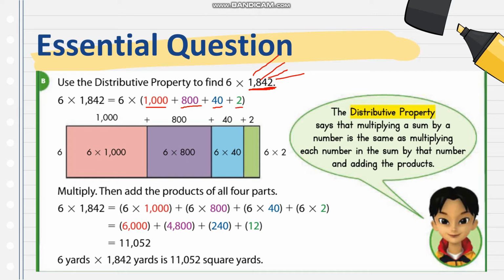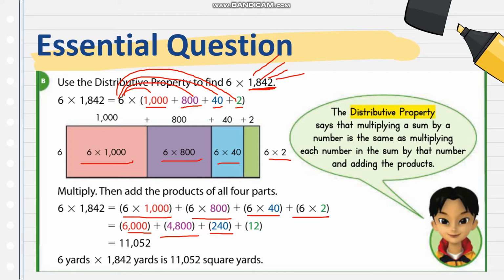Then you multiply 6 by 1000, 6 by 800, 6 by 40, and 6 by 2. So 6 multiplied by 1000 is 6000, 6 multiplied by 800 is 4800, 6 multiplied by 40 is 240, and 6 multiplied by 2 is 12.